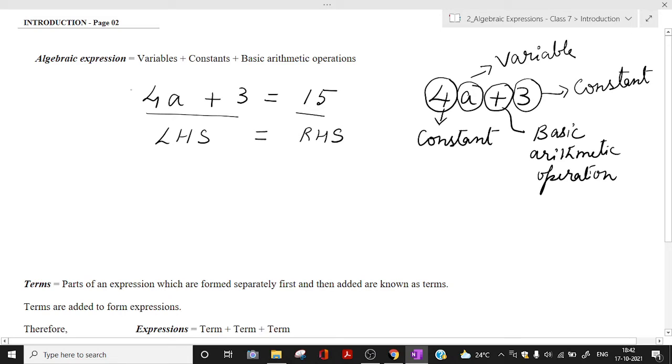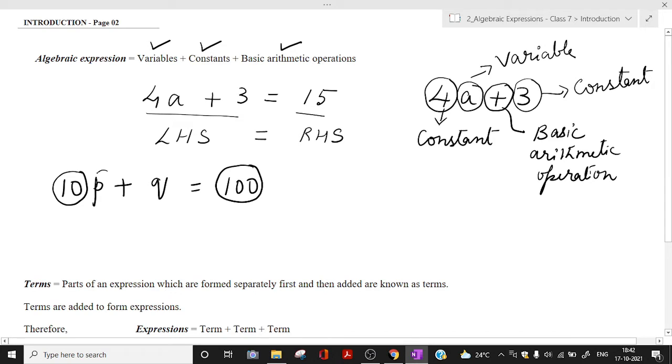If we are looking into an algebraic expression, what are the things that have to be there? We should have variables, right? We should have constants, and we should have a basic arithmetic operation. Like for example, in case I write 10p plus q is equal to 100, we have constants in the form of 10 and 100, right? We have variables in the form of p and q, and we have a basic arithmetic operation.